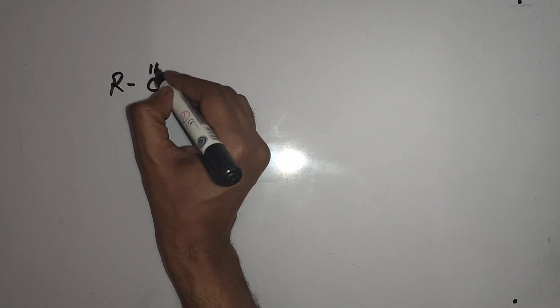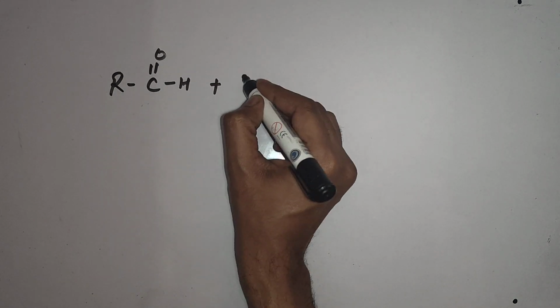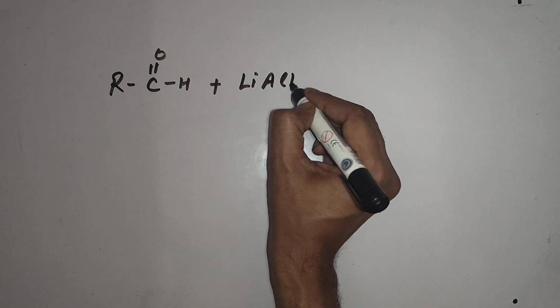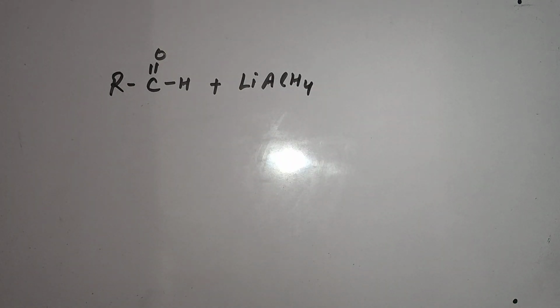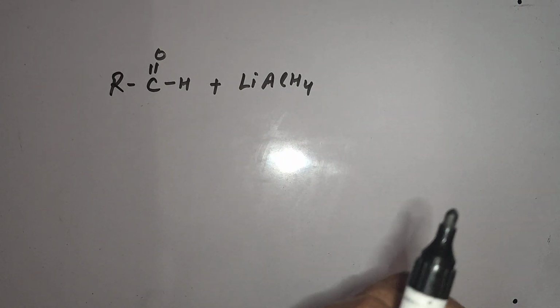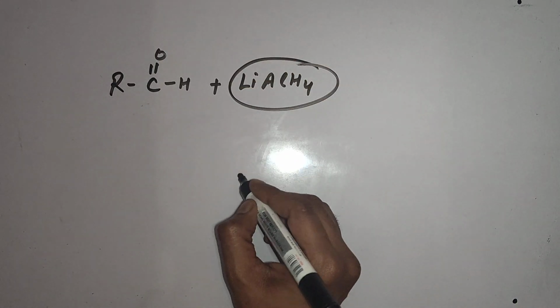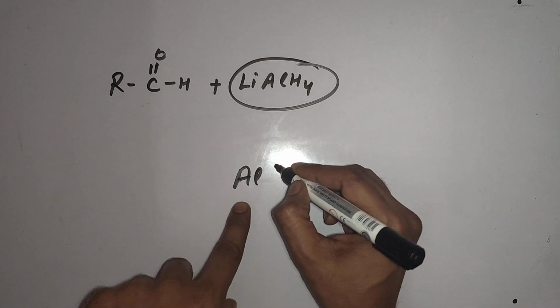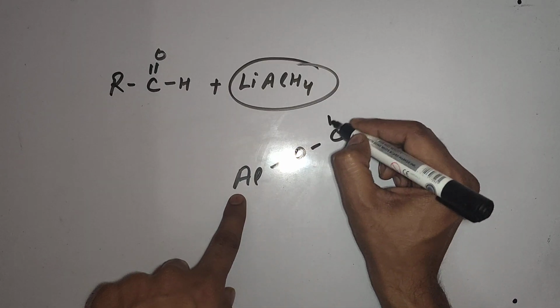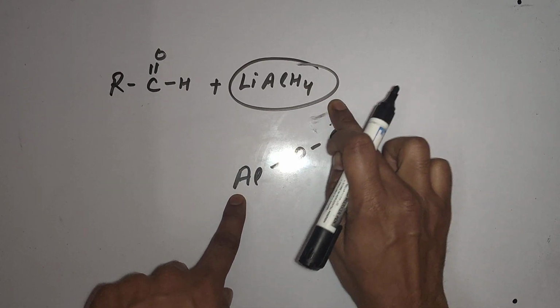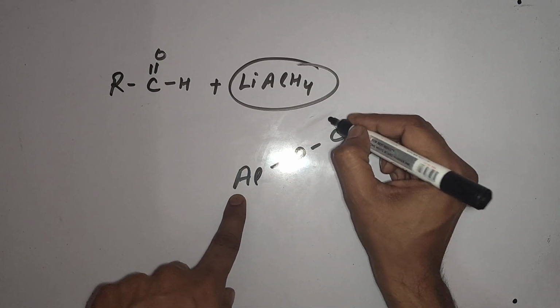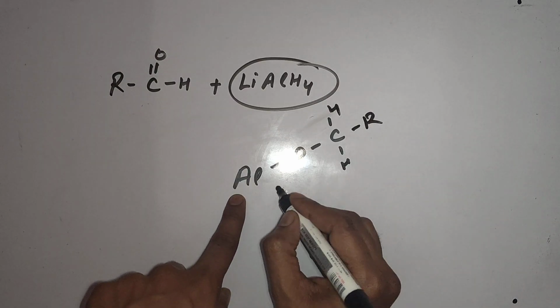Remember the previous video in which we have done reduction of aldehyde with lithium aluminium hydride. Yaad hai? When you check its mechanism, you will find out 1 lithium aluminium hydride changed itself to this condition.